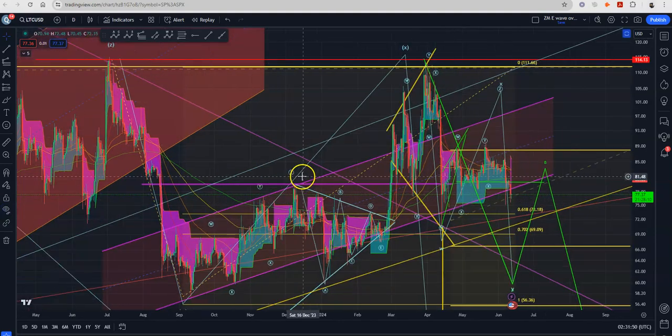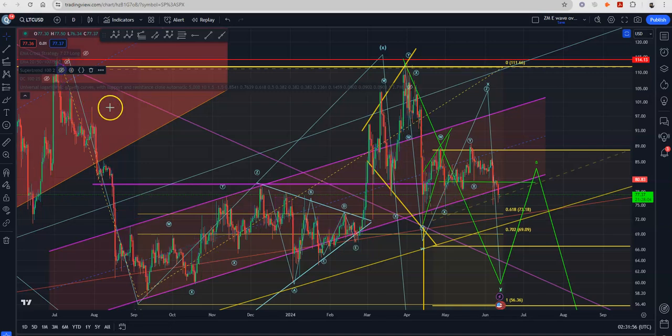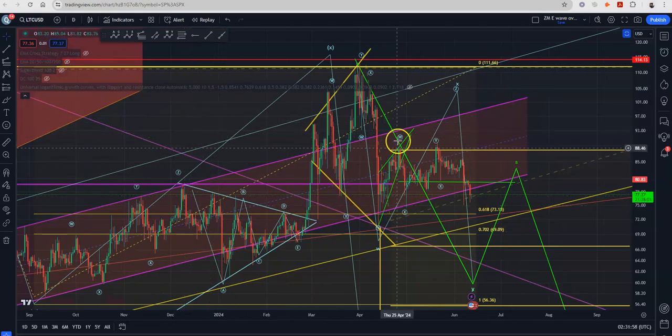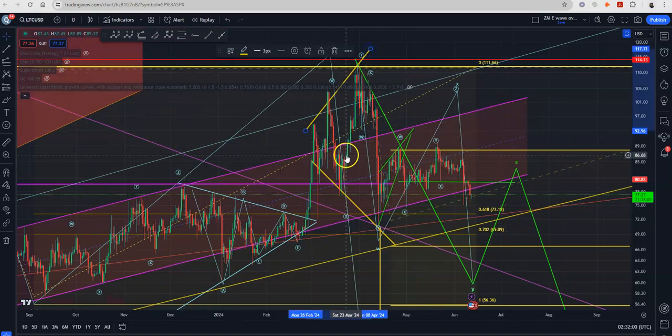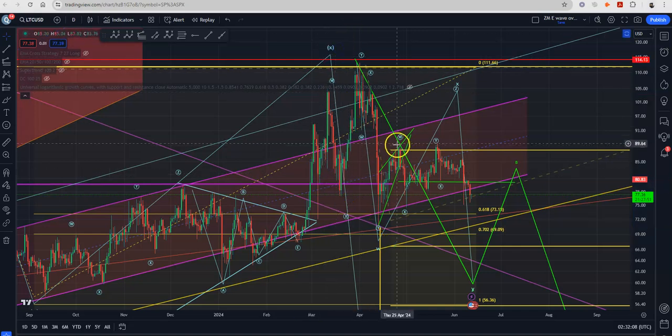Secondly, notice the channel that we've been in, or somewhat channel. And excuse the lines here, they got really out of hand. I thought this was a megaphone. It looks like this is not a megaphone that's breaking out. Let me just delete a few of these lines off here.